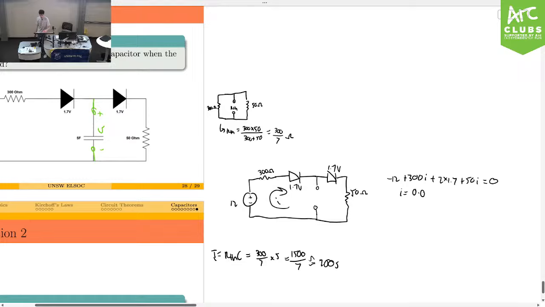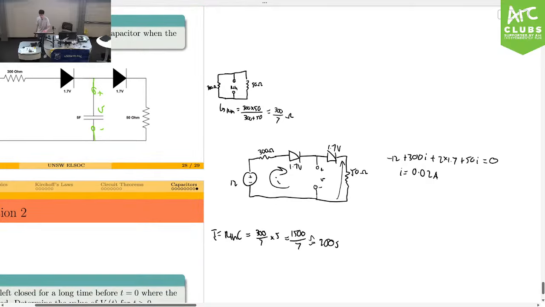So if you solve for this, you get I going around this loop is 0.02. That's not what we want to find. We want to find this. So what is that? Well, it's going to be whatever voltage it takes to get up here plus 1.7 to go back up and then come back down the loop. So V is equal to 50 times 0.02 plus 1.7, which is, what did I get? Okay, 1.82.